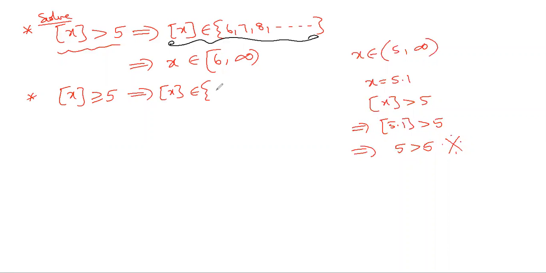It'll be 5, 6, 7 onwards. 5, 6, 7, 8, and so on. So automatically, x belongs to what? Open interval 5 to infinity. Closed interval, sorry, closed.